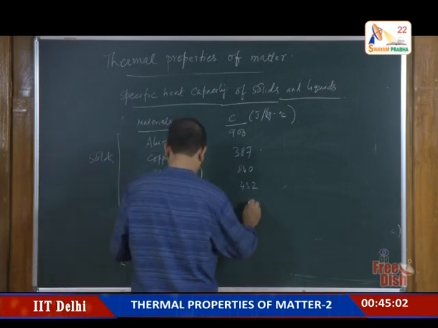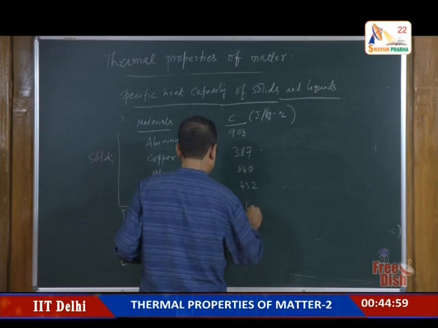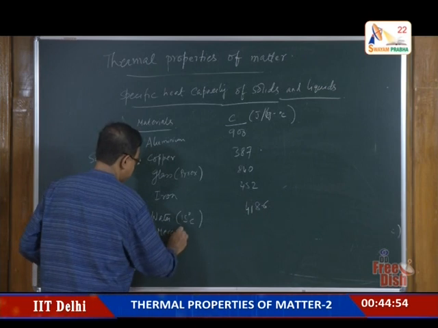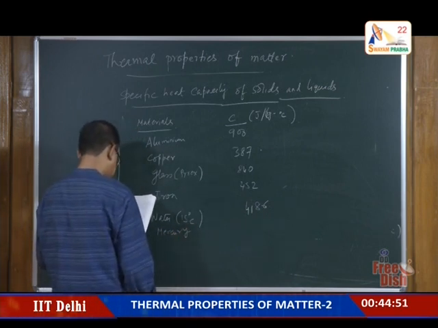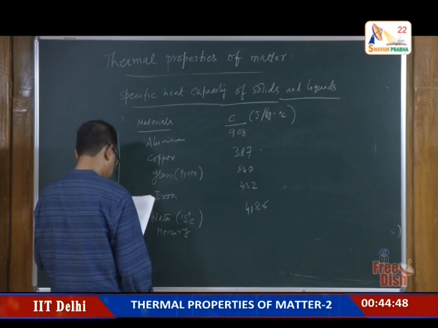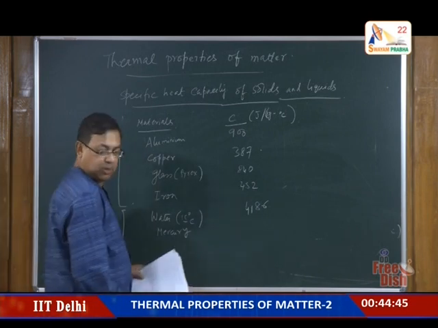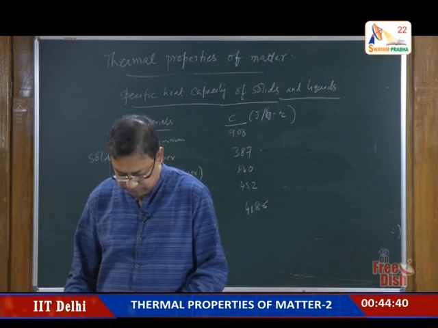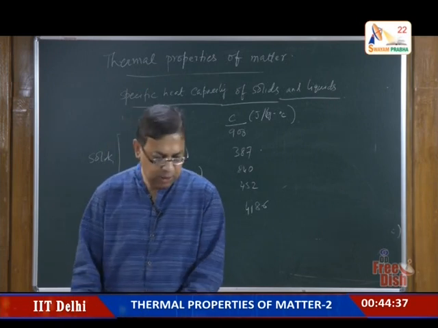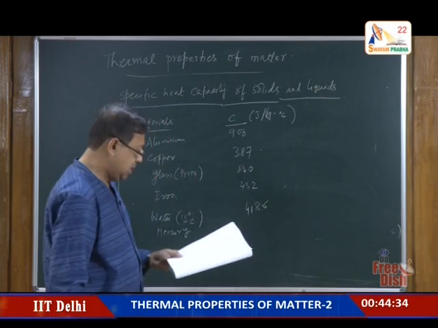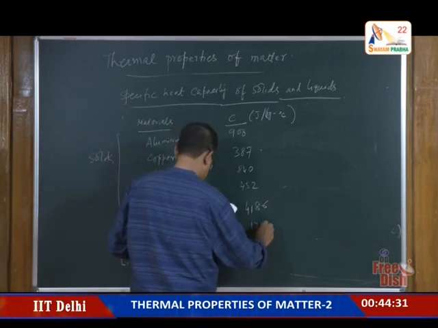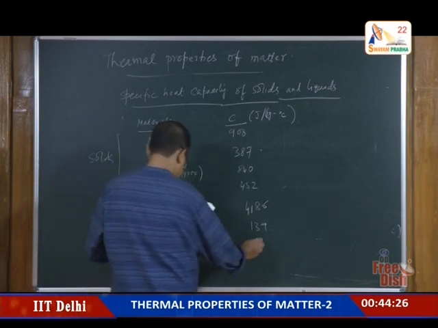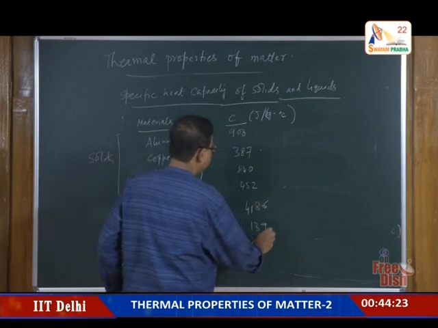So this has a value which is 4186, mercury is 139, and glycerin is 2410.